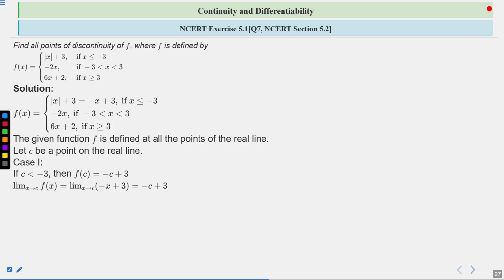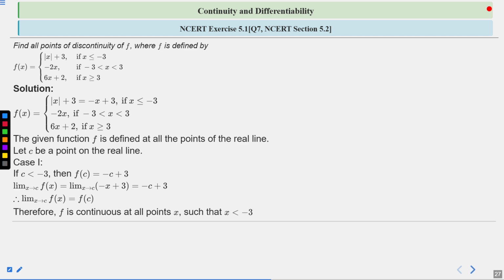So the limit as x tends to c of f(x) is equal to the limit as x tends to c of negative x plus 3, which is equal to negative c plus 3. Clear? Therefore, the limit as x tends to c of f(x) is equal to f(c). Therefore, f is continuous at all points x such that x is less than negative 3.